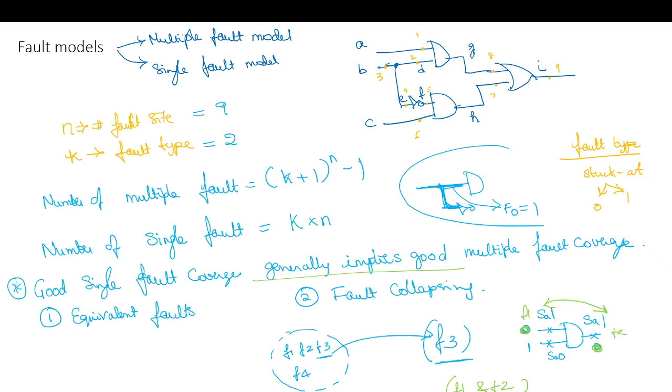Yes, the collapsed one says that any one of these equivalent faults is sufficient to test it. If we remove all the equivalent faults, I just insert a fault here and run my algorithm to generate the vector. It is sufficient, no need to generate the vector separately for F2. Because they are equivalent, I can remove them and generate a collapsed fault set.